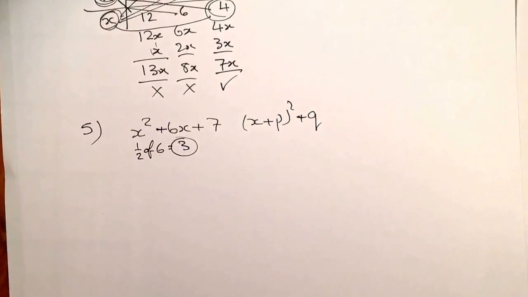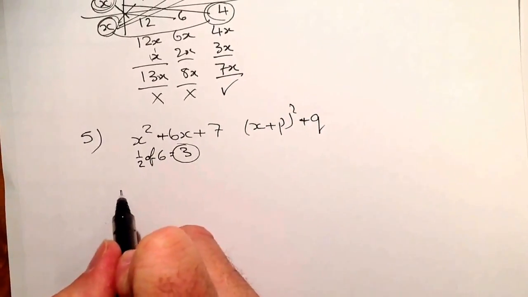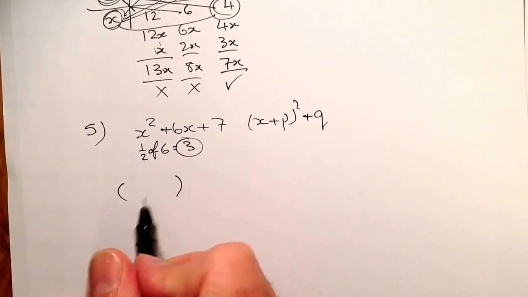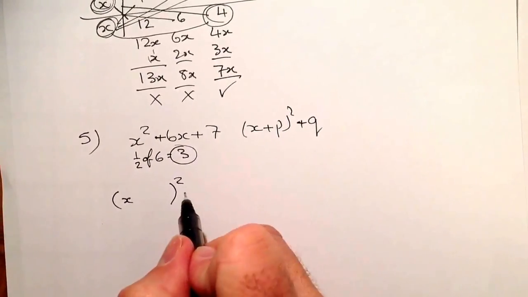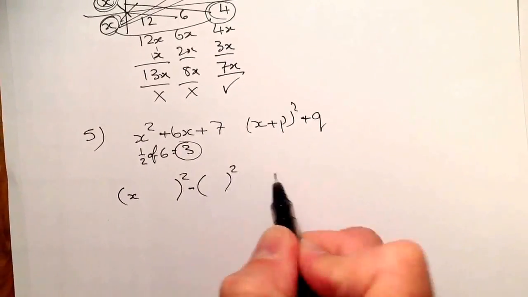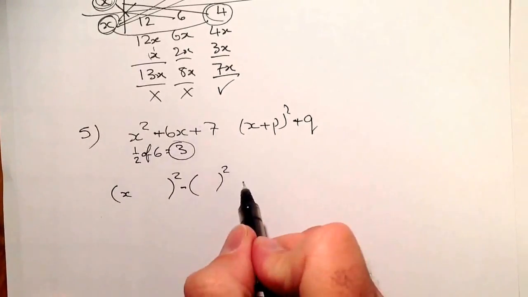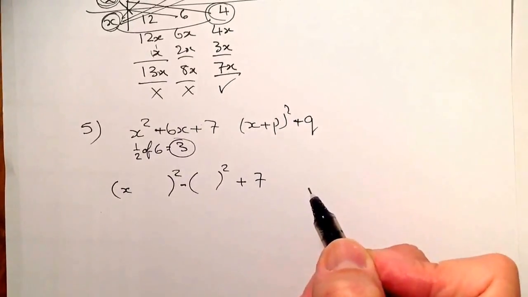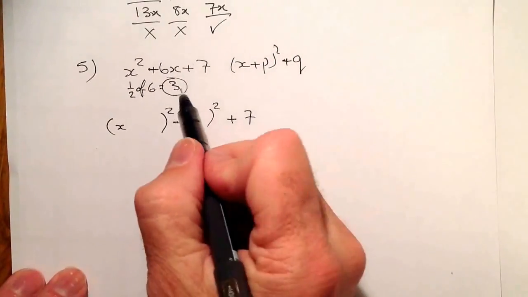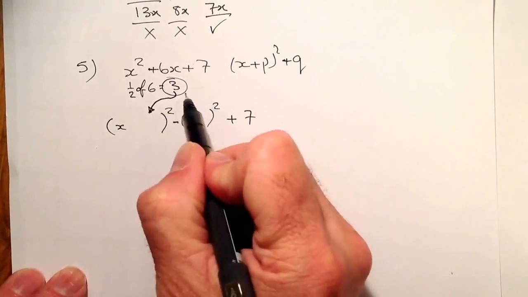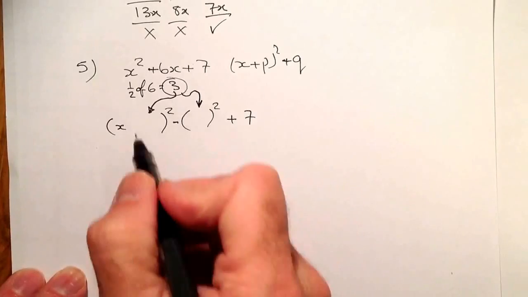Then I'm going to set it up in this kind of form. I'm going to start with an x, then take away something squared, and then that plus 7 at the end I'm going to gather up right at the end of the work. The 3 I'm going to put into two places, in there and in there.